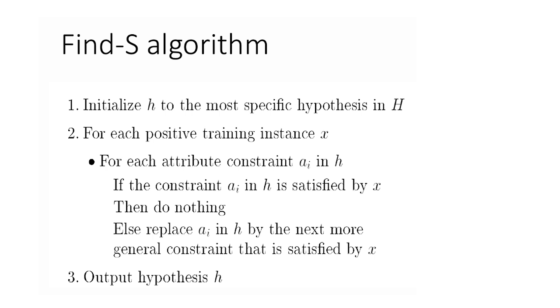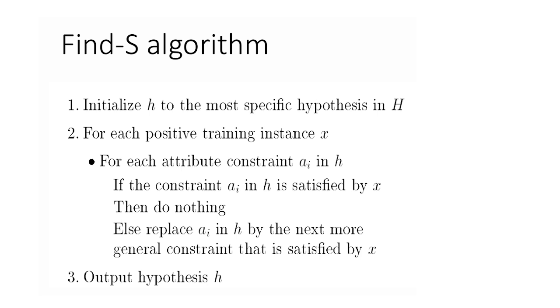The algorithm goes like this. You initialize the hypothesis to the most specific hypothesis, that is that many number of zeros. If there are six attributes, you put six zeros. That is the most specific hypothesis.